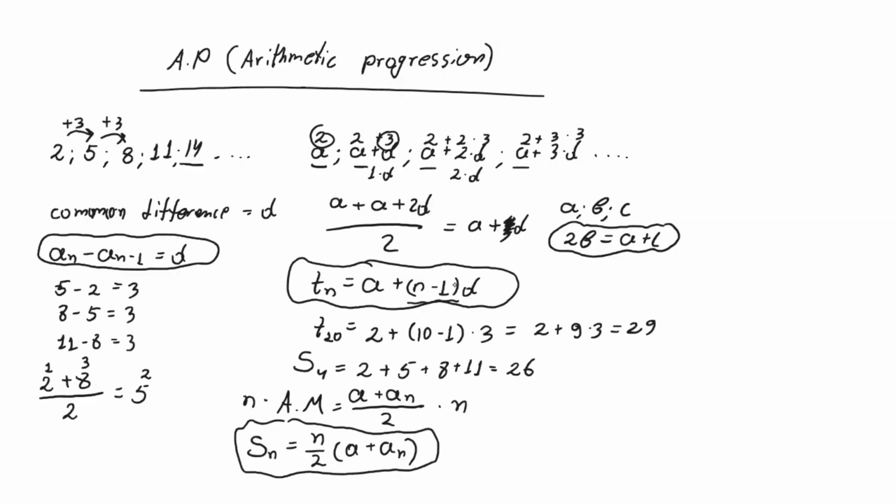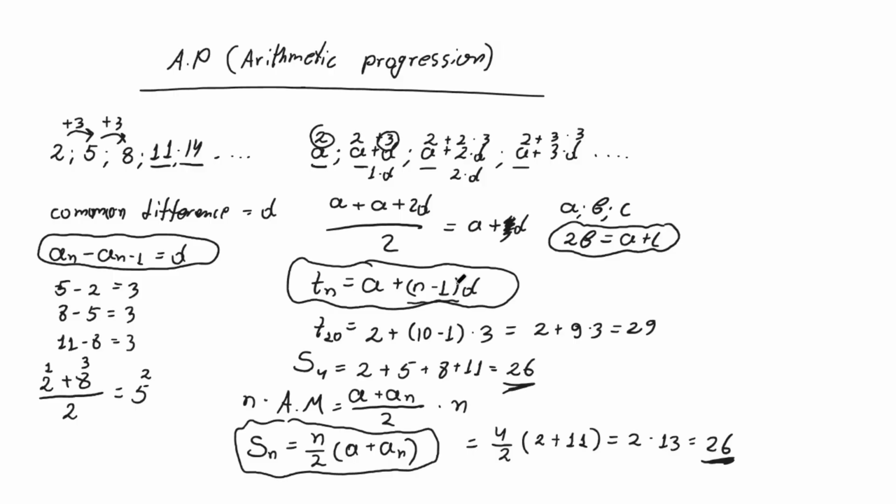We can check this formula on the first 4 terms, and it will be 4 over 2 times the first term, which is 2, plus the fourth term, which is 11, and it's 2 times 13, so it's 26. 26, it's the same, and the formula works.